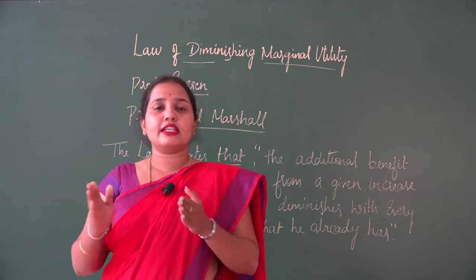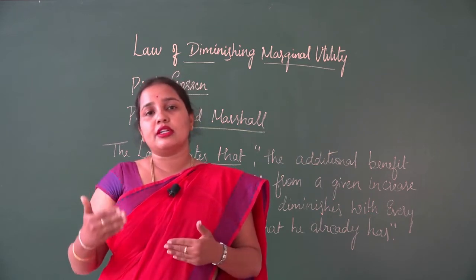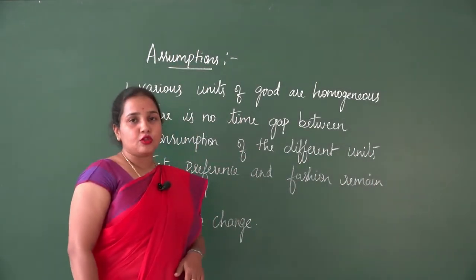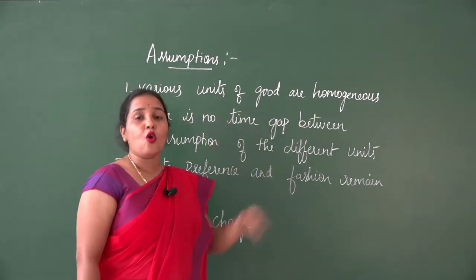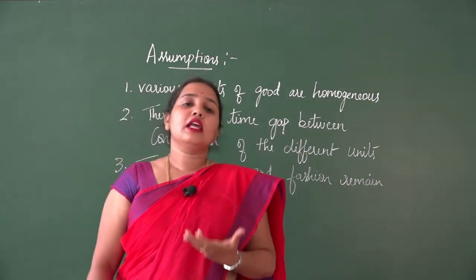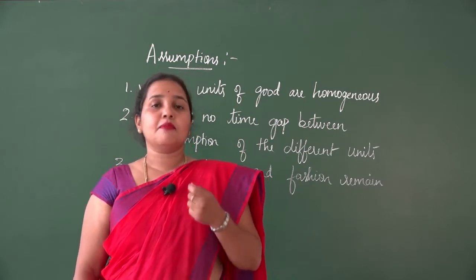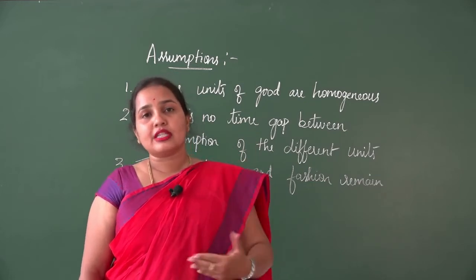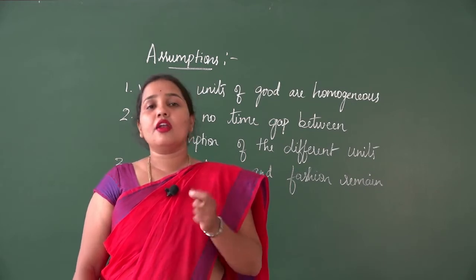This law is based on certain assumptions which we are going to understand now. The first assumption that we need to look into is that various units of the good are homogeneous. The law of diminishing marginal utility is formulated based on the assumption that the various units of the good considered for consumption are homogeneous.